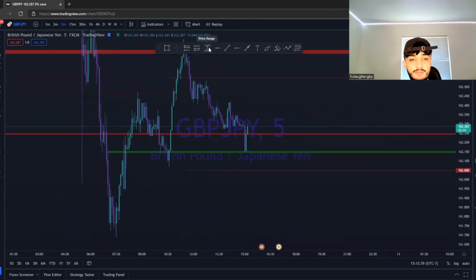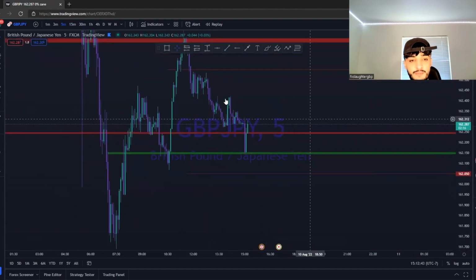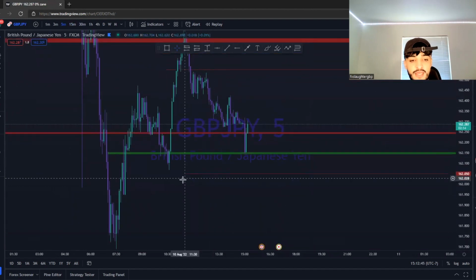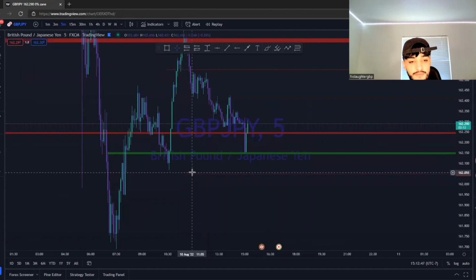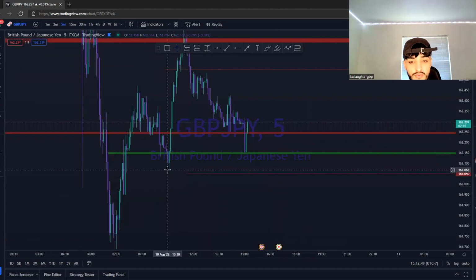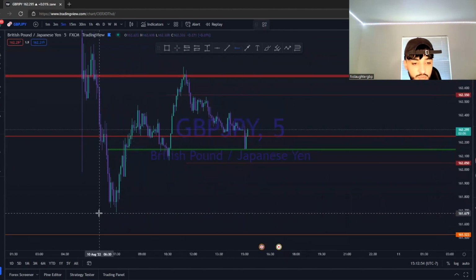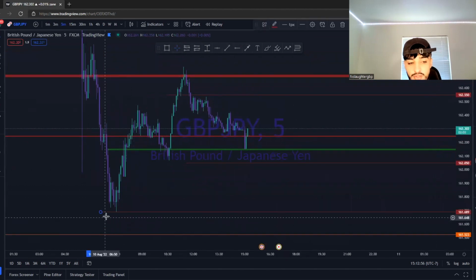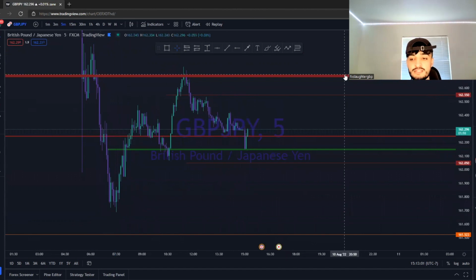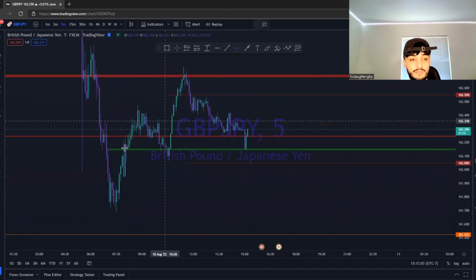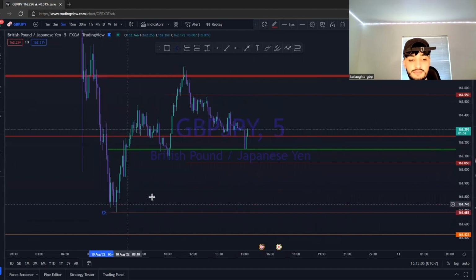The reason why I'm doing 550 buys is because of these highs. And the reason why I'm doing 0.50 is because of this low. And after that, the next target zone will be this right here. So once 0.50 is triggered, this will be our target zone.